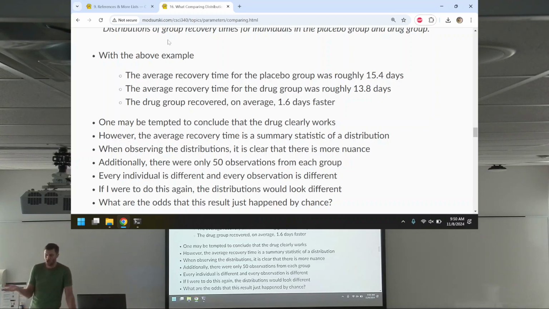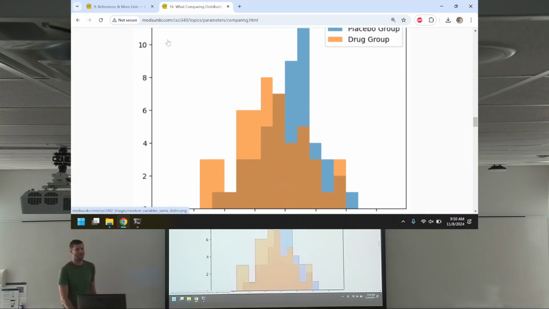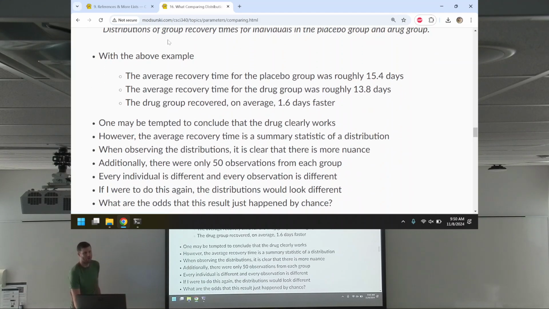When observing a distribution, we can clearly see these two distributions have a lot more nuance to them than a single value. There's a lot more going on in these two distributions than 15.4 and 13.8.